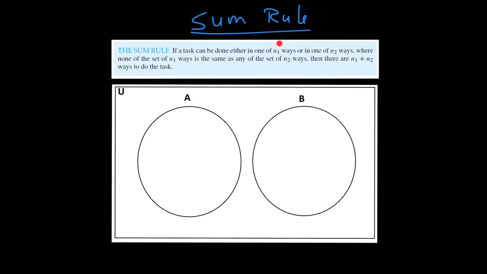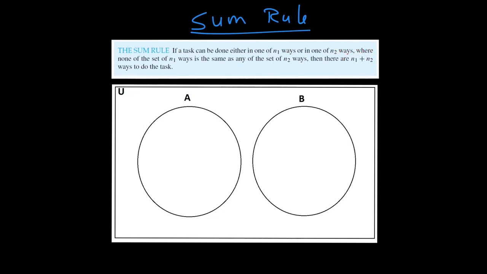These n1 ways are going to be represented by things in the set A, and these n2 ways are represented by things in the set B. And notice that there's no overlap between those two sets. The n1 ways, none of them are the same as the n2 ways. Then the number of ways to do the task is just n1 plus n2.